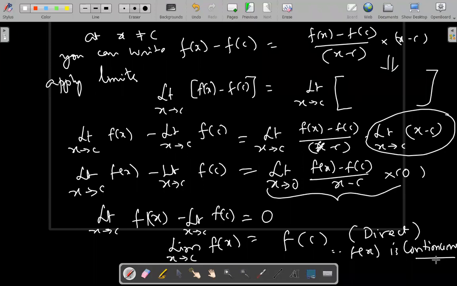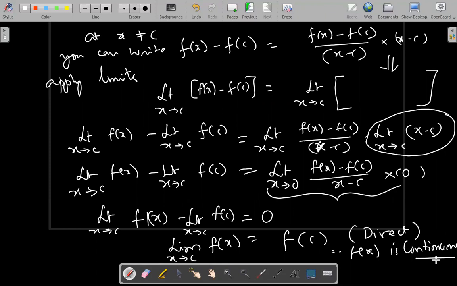So the corollary: every differentiable function is continuous. That means in the top one, theorem 3, we just said it at one particular point x equal to c. So what the corollary says is, you take any function. He takes an example of f of x equal to mod x. It is a continuous function.